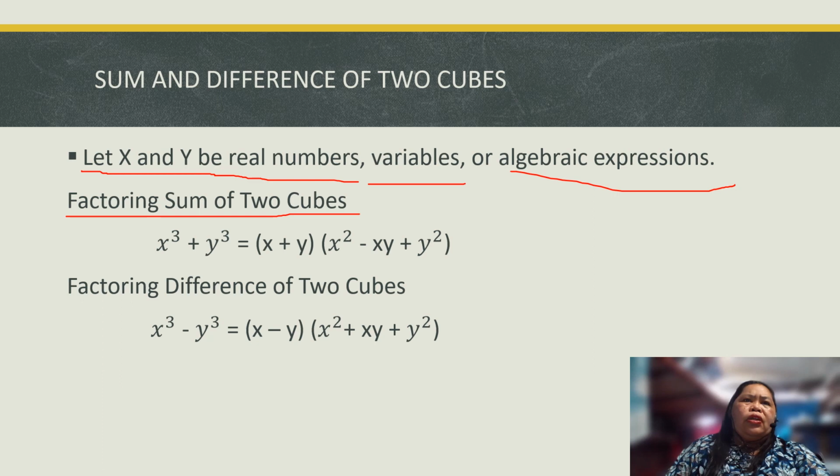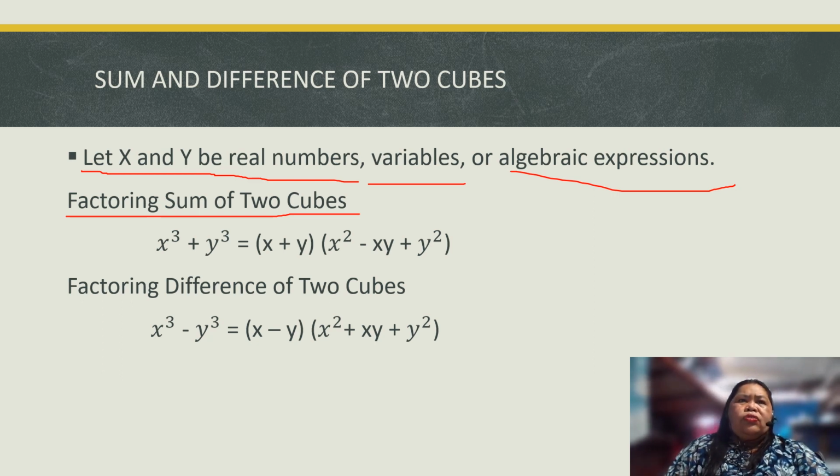With the formula, x cubed plus y cubed is equal to the quantity x plus y times the quantity x squared minus xy plus y squared. So here we get the factors of x cubed plus y cubed, and then we square the first, then subtract the x and y, and then we square the last.